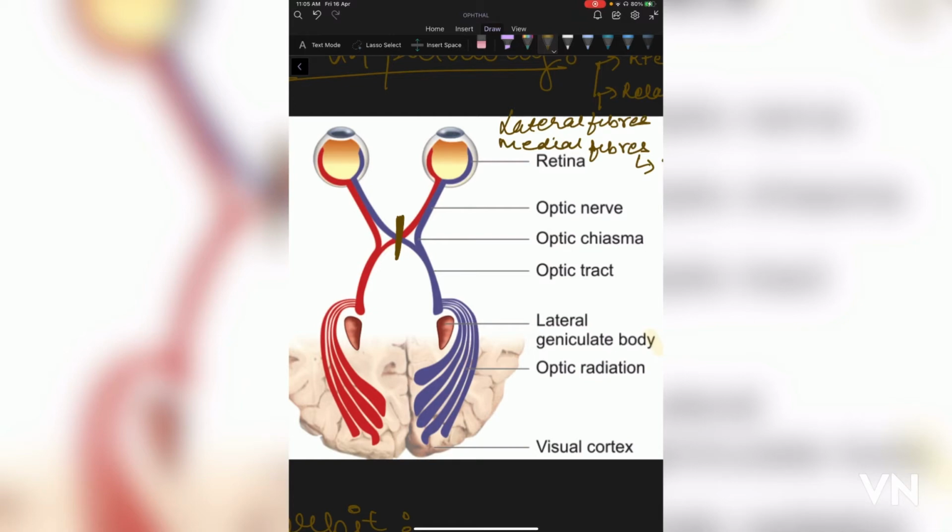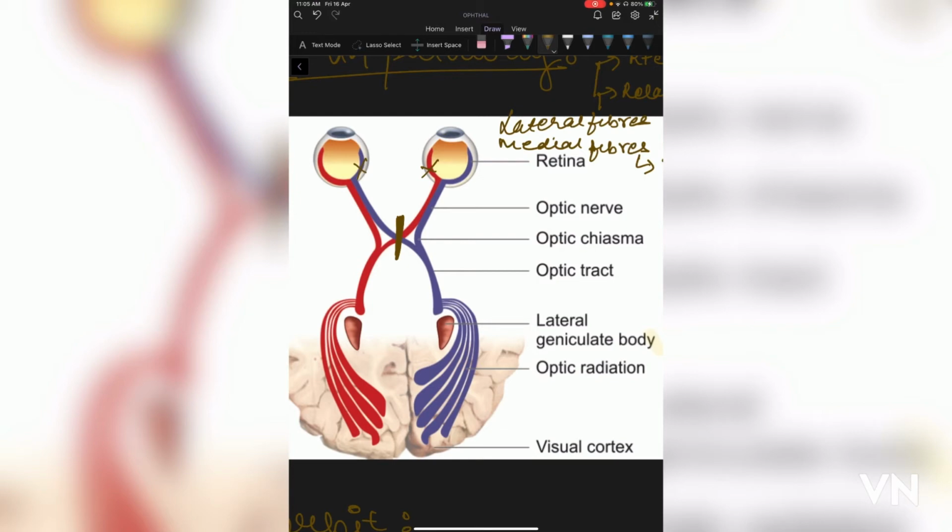So where the fibers are crossing, the medial part will be lost in both the eyes because there is crossing over. If there is any lesion at the level of the chiasm, then there will be hemianopia, that is loss of half the vision. The medial vision will be lost in both the eyes.